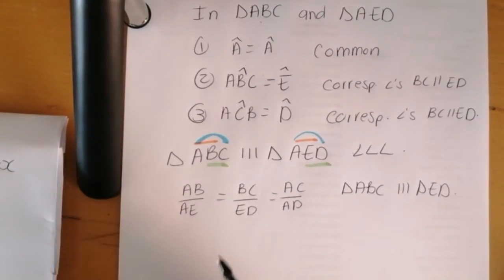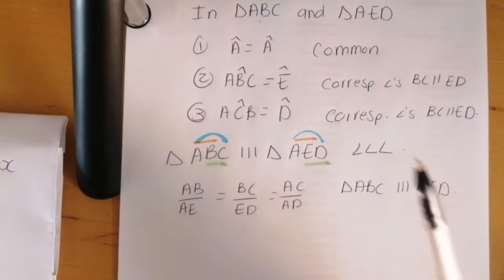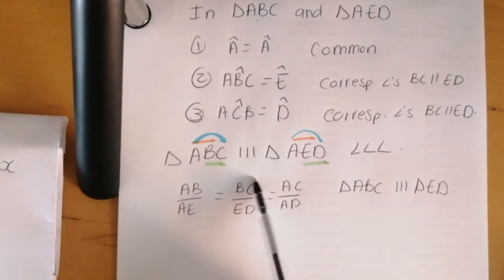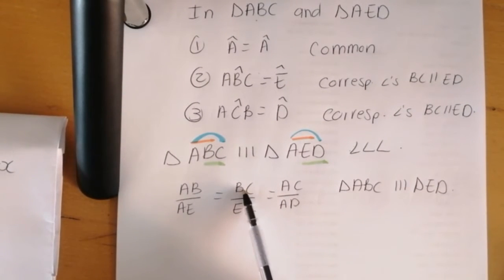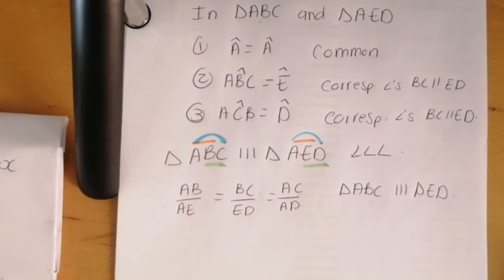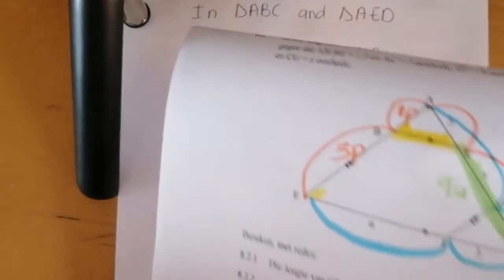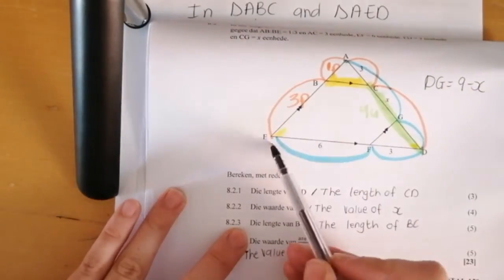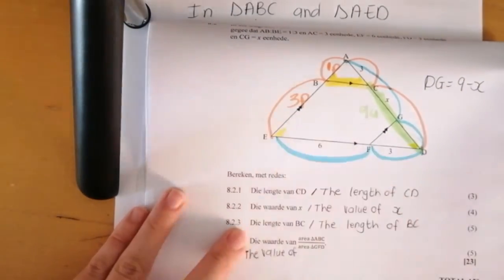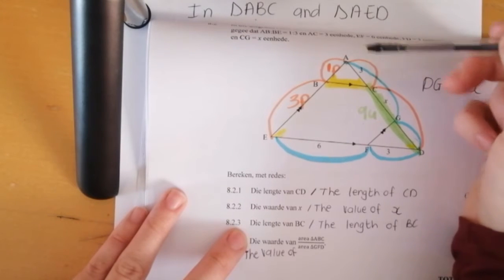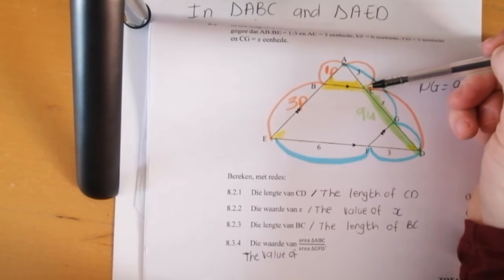Okay, now let's see. We want side BC. So this definitely needs to be in our equation. So BC over ED needs to be there. We have an actual unit for AC.